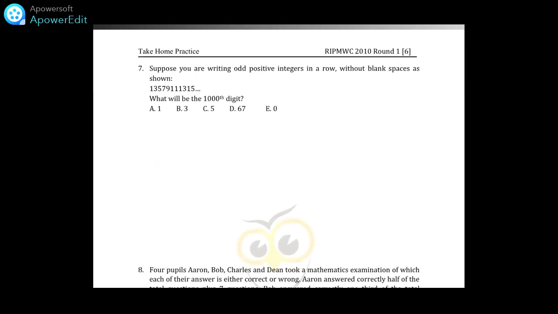Now let's move on to question 7. These are consecutive odd numbers. They want to find the number of digits. So the 1-digit numbers go from 1 to 9. There are 5 numbers, so 5 times 1, 5 digits.